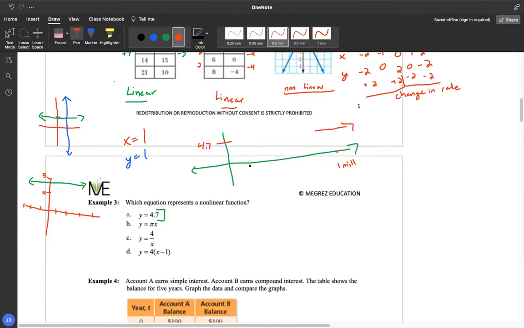So no matter how many x's you go up, if x went from 250,000 to 500,000 to 750,000 to 1 million, we could say this is a constant rate of 250,000, and y is always going to be 4.7. So at all of these points, we will still have 4.7. So y isn't changing. It's at a rate of 0.